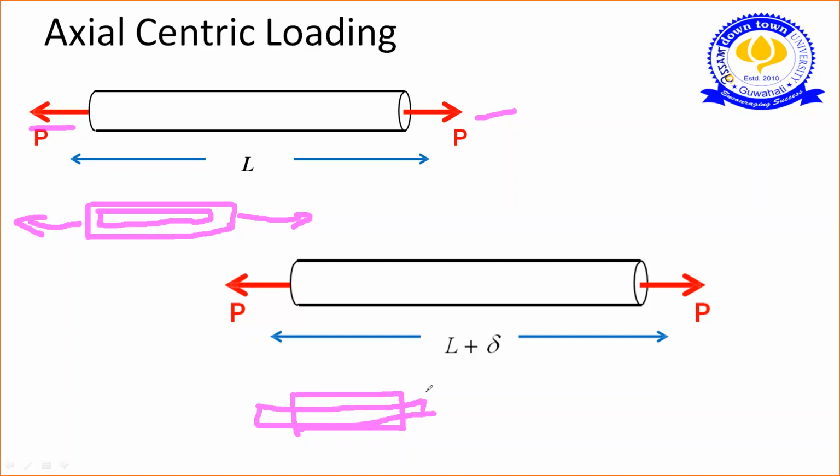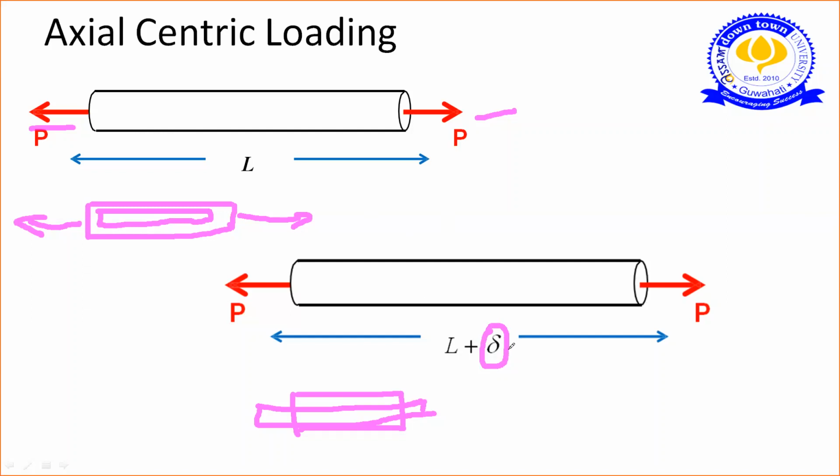Your length becomes increased, but the cross-sectional area becomes decreased. It becomes reduced. So how much does it get elongated? We are representing that by delta. So now the length becomes L plus delta.